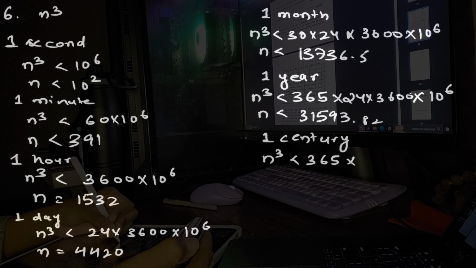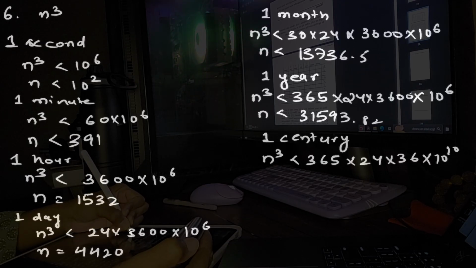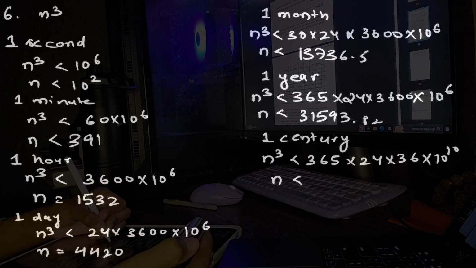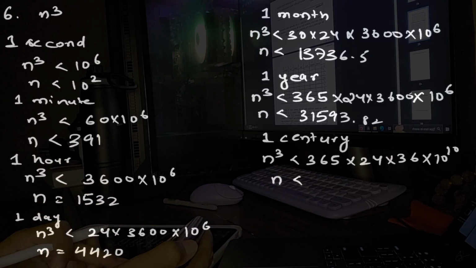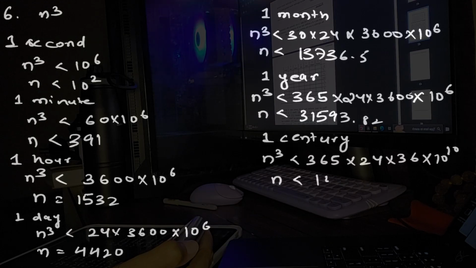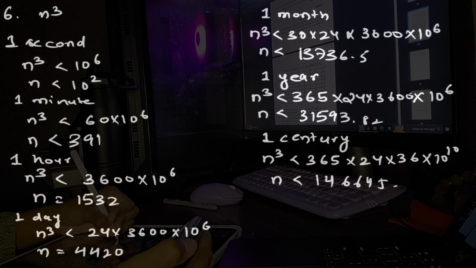365 into 24 into 3600, and it would be 146645.54 something.